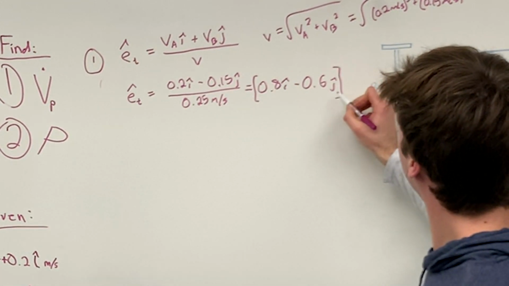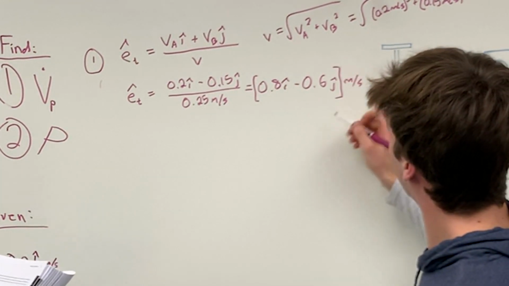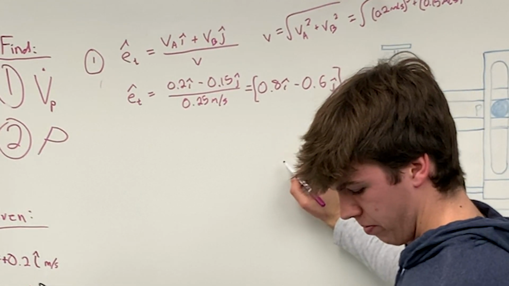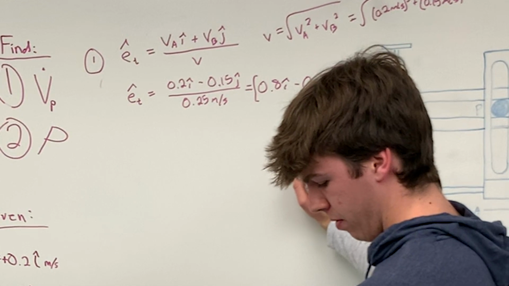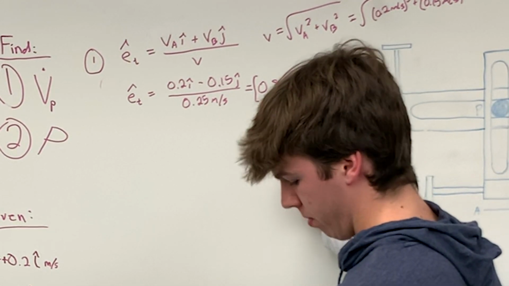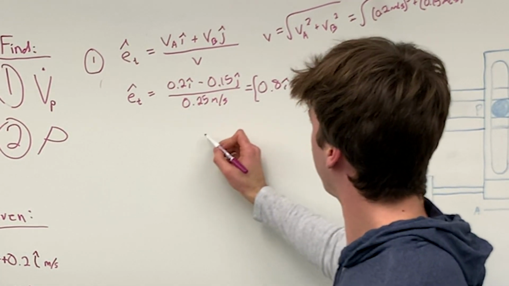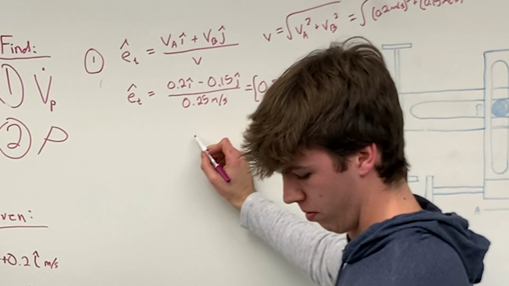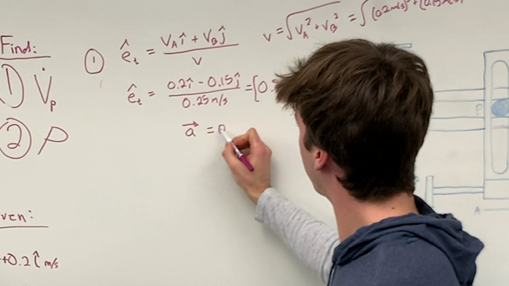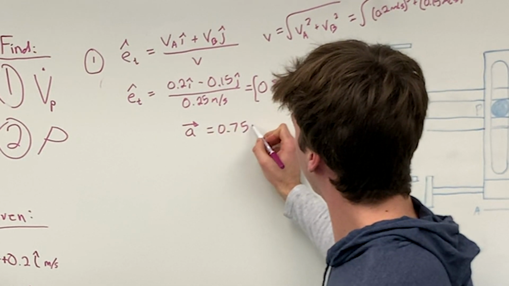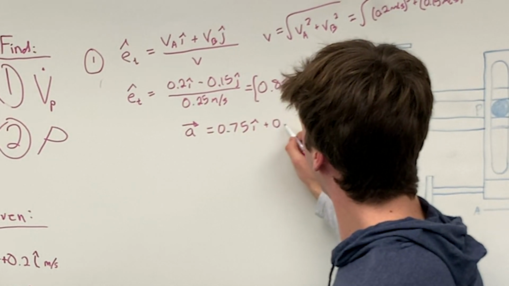So then we needed to define our acceleration vector. Since we're only given one acceleration, one rate of change of speed, being V dot A right here at 0.75 I hat meters per second squared, our acceleration vector is only going to be 0.75 meters per second squared in the I hat direction, nothing in the J hat direction.